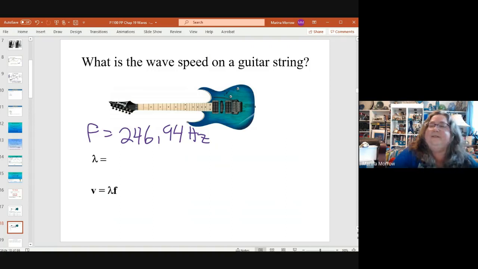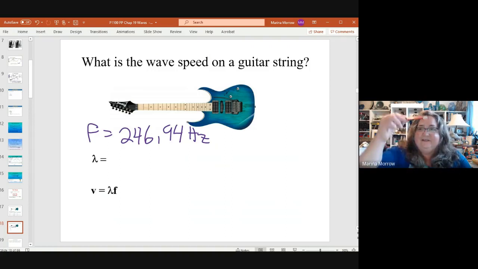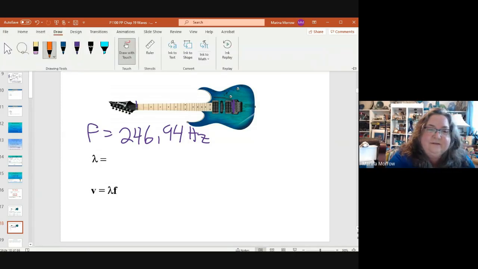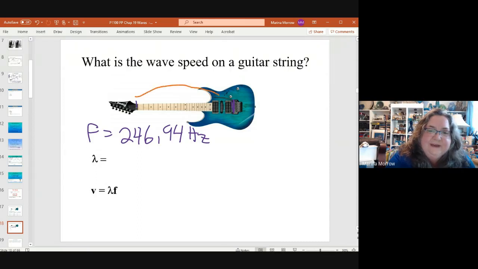Okay, now we need the wavelength. Well, one of the things about the guitar and many other musical instruments is they play in what's called the fundamental mode. And in that case, the guitar string is just going up and down, like a jump rope. So one of those things leads to the wavelength not being from here to here, from the frets down here. Instead, the length of the wave, that's just going up and down, up and down.